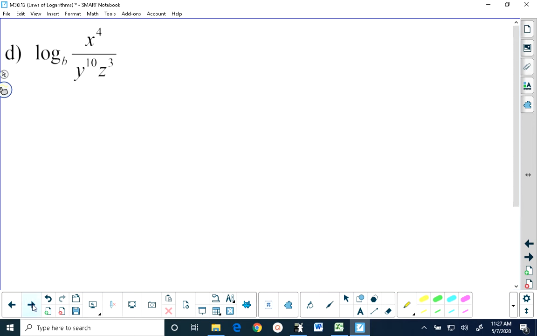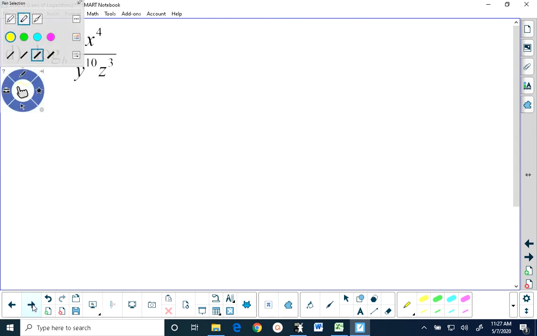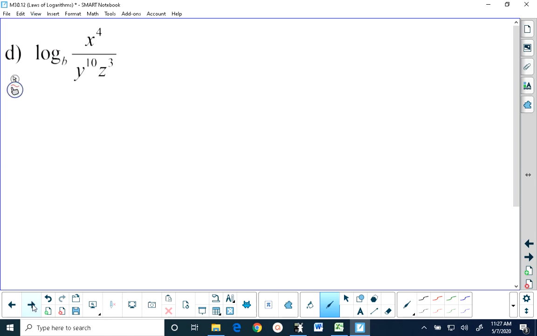And D, what is log base B of x to the 4 over y to the 10 z to the 3? So I'm going to do this one in stages and then show you a shortcut for this, because there's a very common mistake that students make mathematically here.